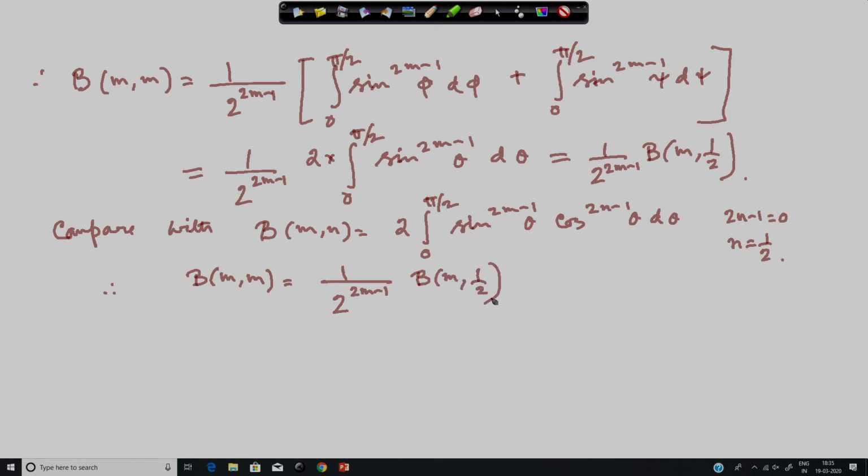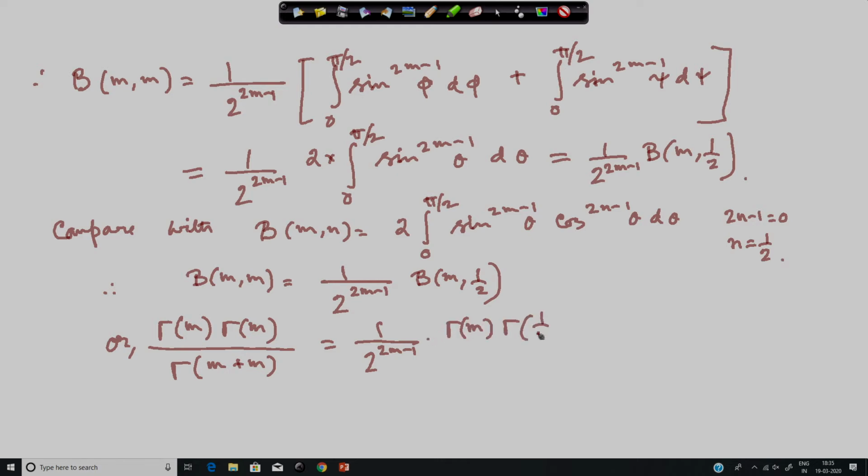Now, on both sides let us apply the relation between the beta function and the gamma function. On the left hand side the beta function is gamma m gamma m by gamma 2m, and on the right hand side it will become gamma m gamma half by gamma m plus half. So, one gamma m we can cancel from each side.